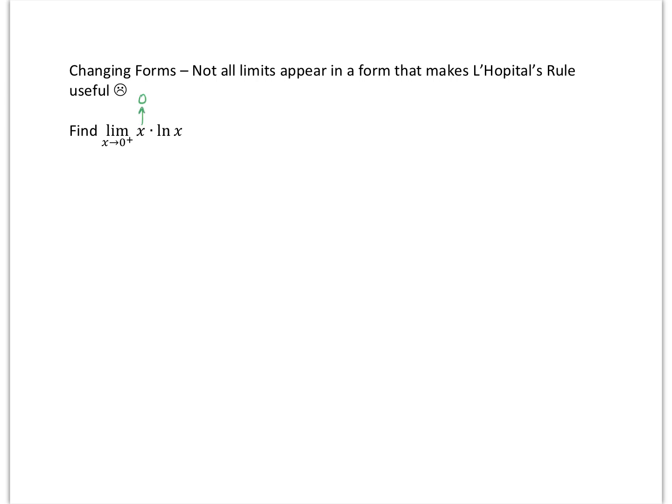But the ln of x, as x approaches 0, maybe we'll remind ourselves what ln of x looks like. As my x values approach 0, my y values go to negative infinity. Okay, so 0 times negative infinity is an indeterminate form.